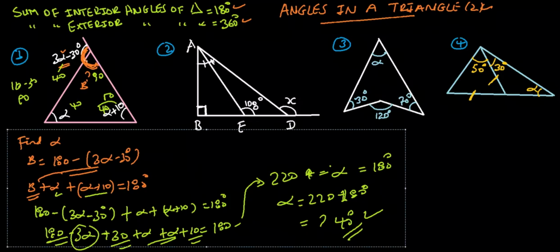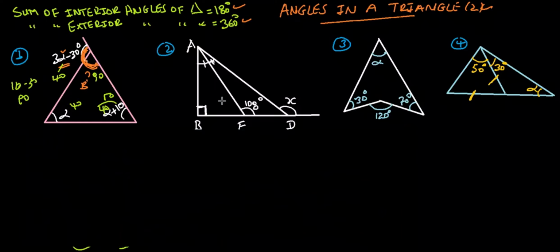After finding this one, let us go to the next example. These are similar angles. This one and this one we call matching angles or similar angles, because this symbol means these angles are equal. And this rectangular part means it is 90 degrees.